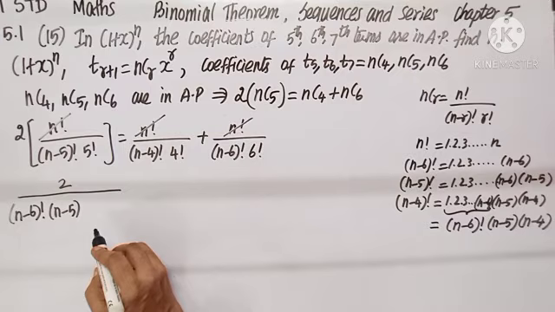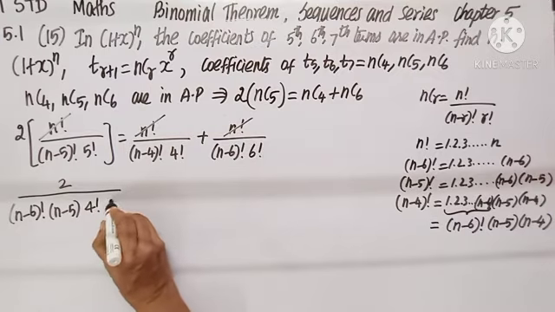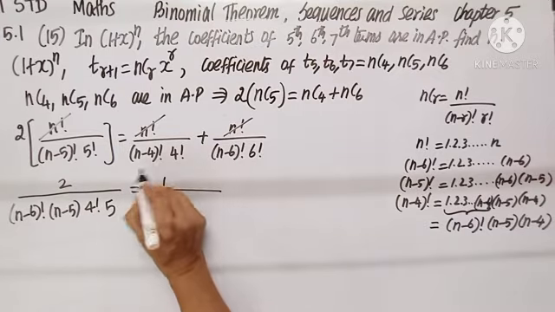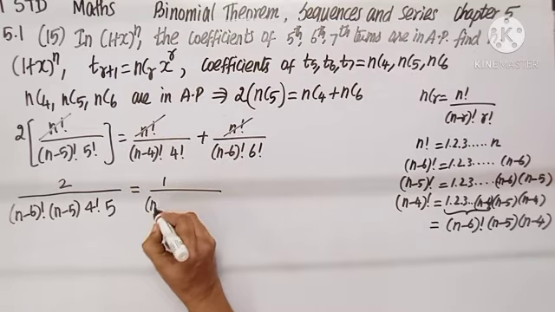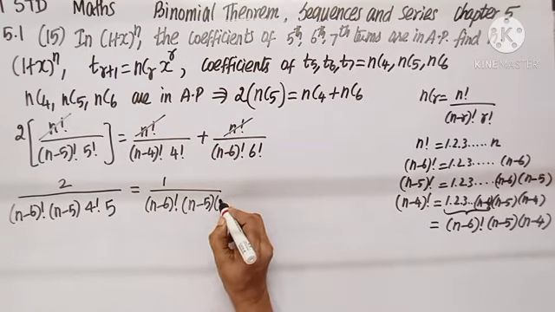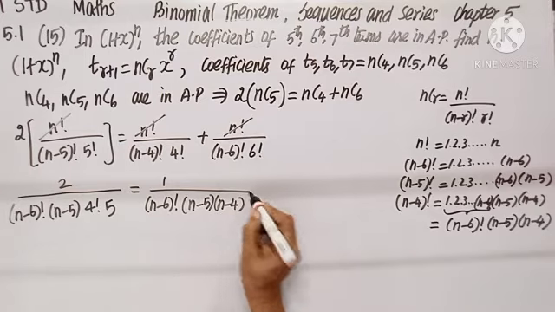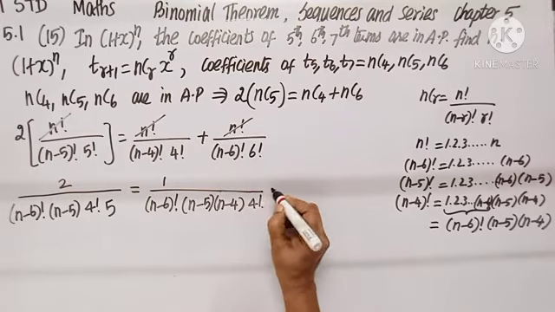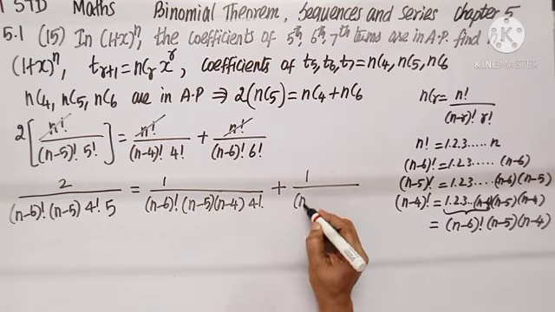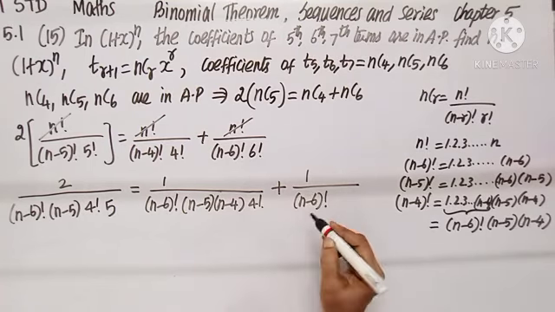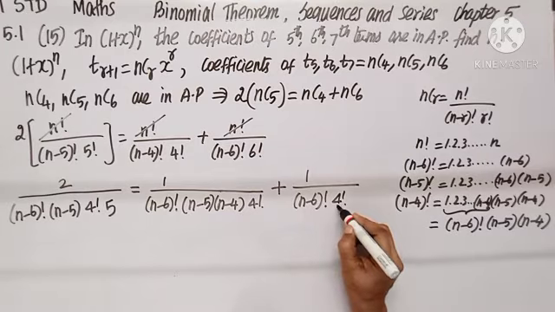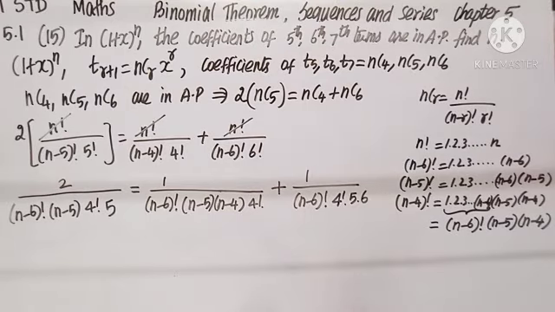How to write 5 factorial? 4 factorial into 5. How to write 6 factorial? 4 factorial into 5 into 6.